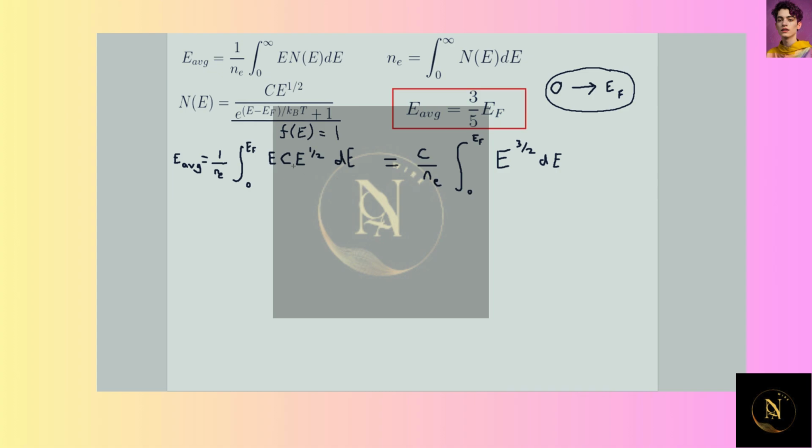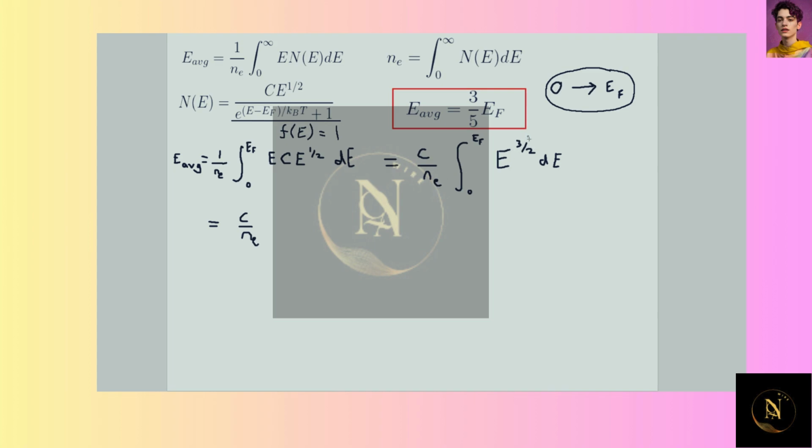So bringing our constant C out to the outside of the integral and combining our E factors, we end up with an expression that we have to integrate for E to the 3 over 2. Our constants will stay where they are, so we have C over N e.